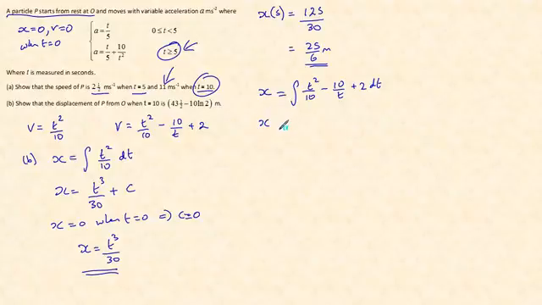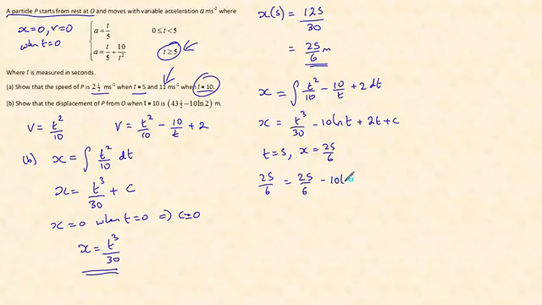So x is going to be t cubed over 30, take away 10 ln t, and t can't be negative, it starts at 0, plus 2t plus a constant. Now we know that when t is 5, x is equal to 25 over 6. So 25 over 6 is equal to, well, we know that 5 cubed over 30 is what gave us 25 over 6.